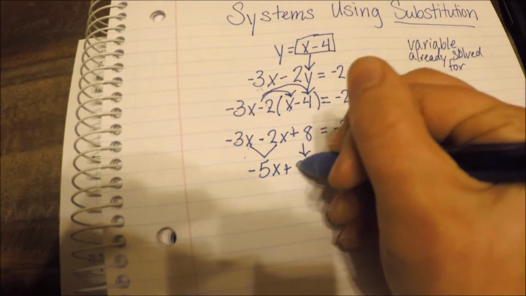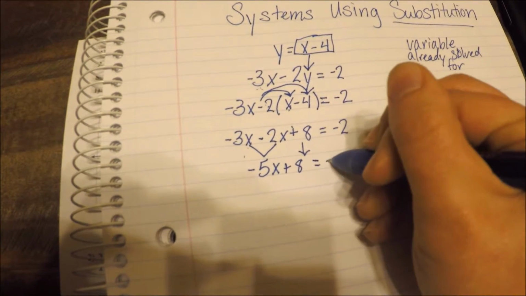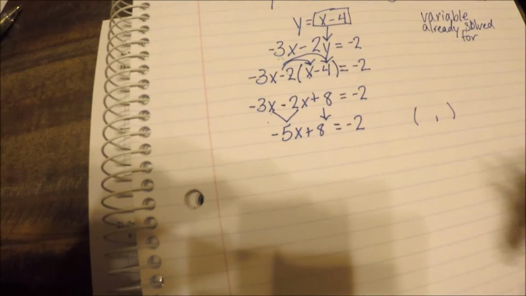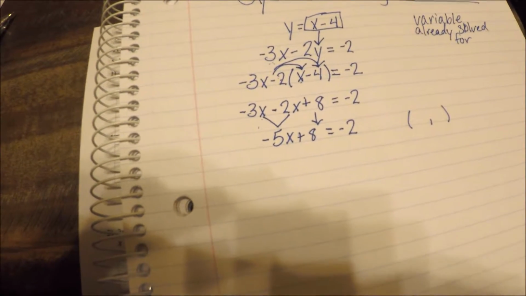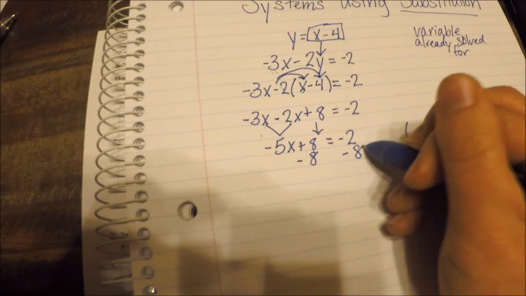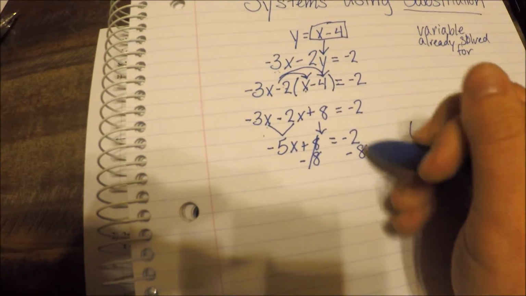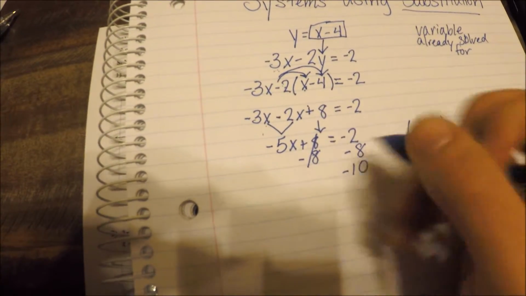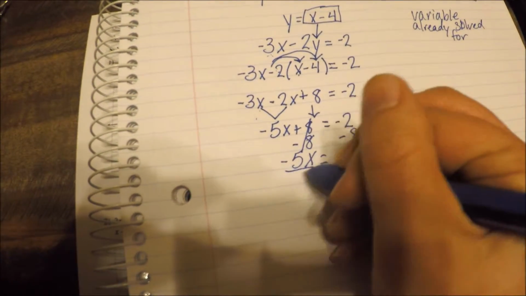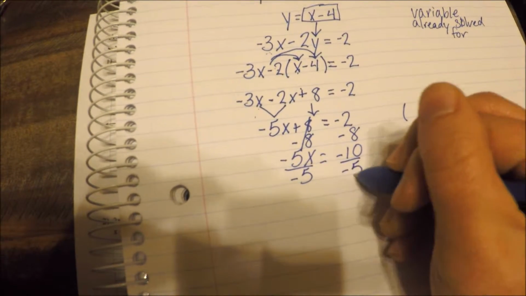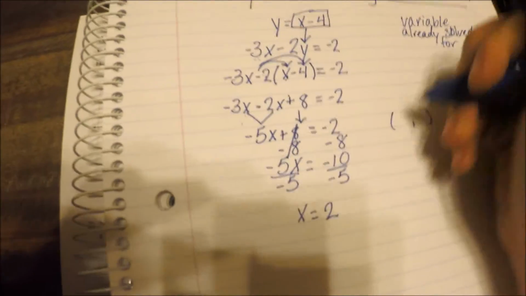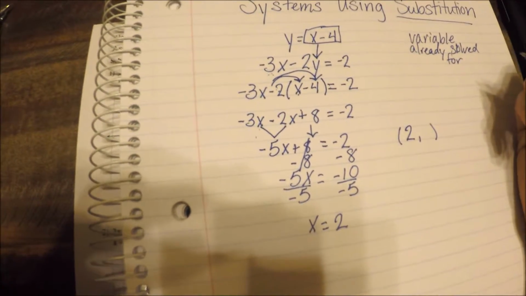Bring down the plus 8 equals negative 2. Now it's just a two-step equation to solve for x. Since it's plus 8, I'm going to subtract 8 to get it by itself. That cancels out over here. Negative 2 minus 8 becomes negative 10, and I have negative 5x left on the left side. Divide by negative 5, and x equals 2. So there I've got the first part of my coordinate.